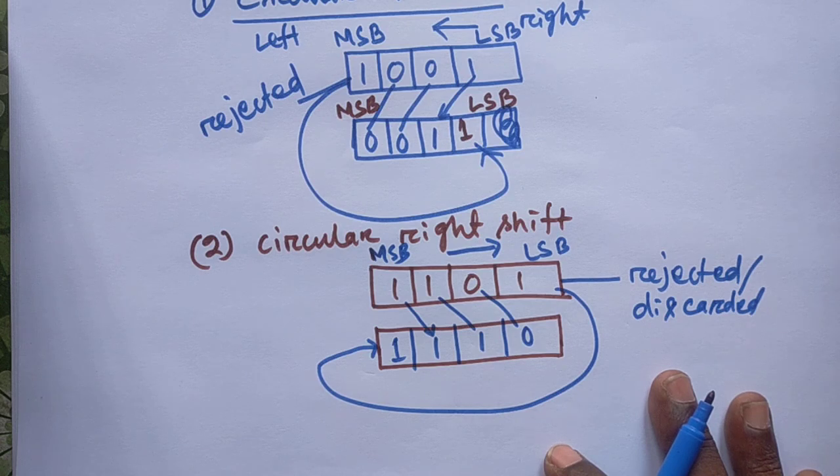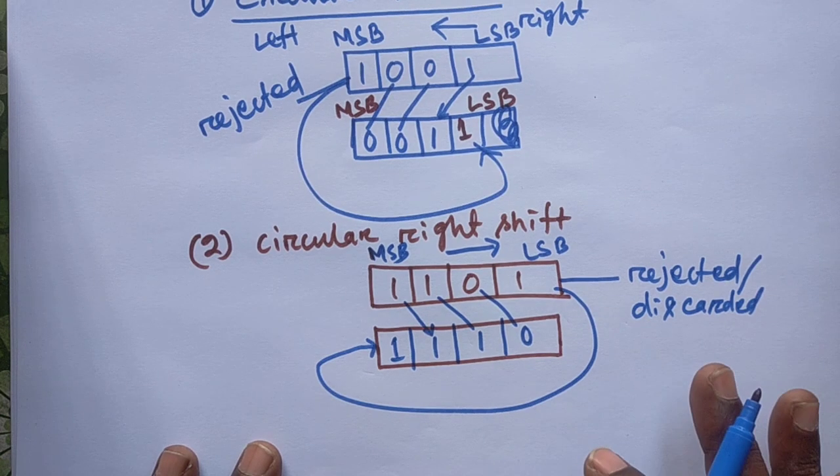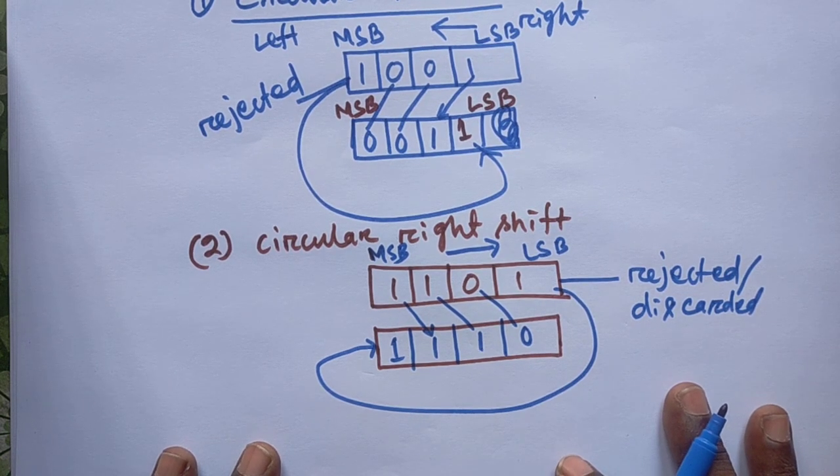And the question may arise, in which shift is there no loss of bits of information? The answer is circular shift, either left shift or right shift, it doesn't matter. In a circular shift there is no loss of bits of information.